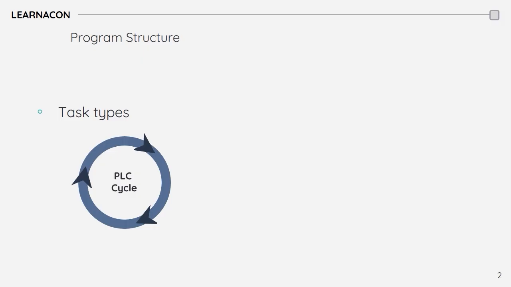We will dive into some typical scenarios here. Some tasks need to be executed only during machine startup, like variable initialization and homing functions. You will call program associated with these tasks in the CPU startup cycles.